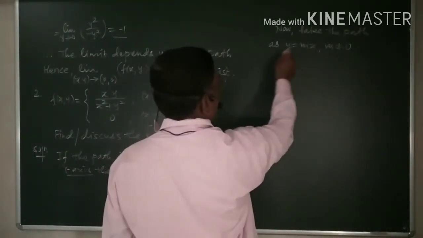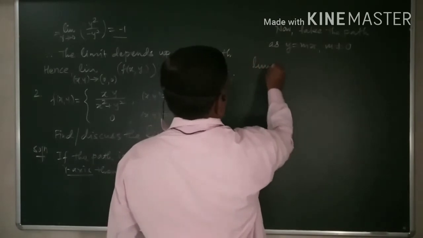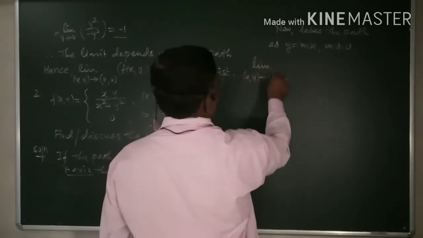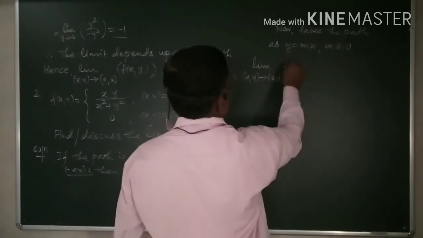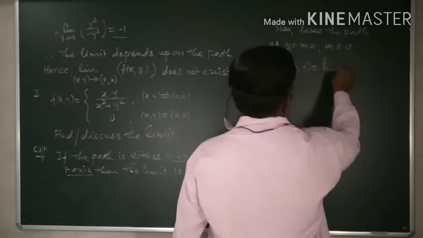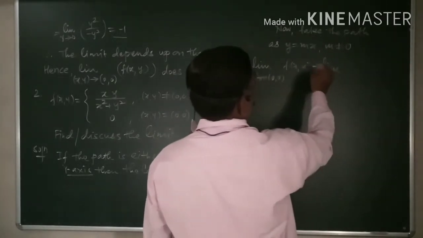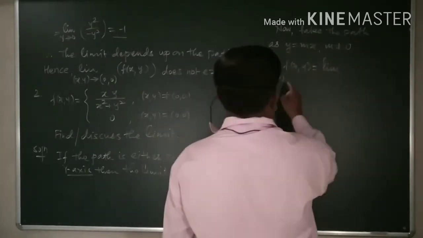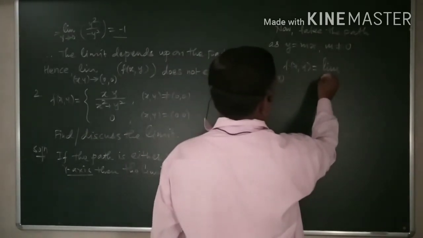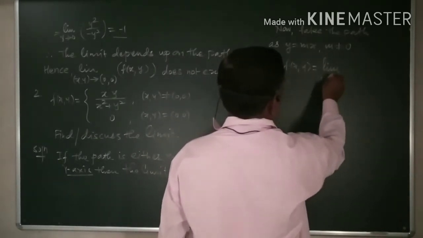Hence, now the limit as (x, y) tends to (0, 0) of f(x, y) is nothing but, substituting y equal to mx, the limit as x tends to 0.